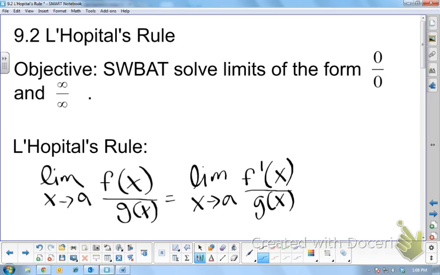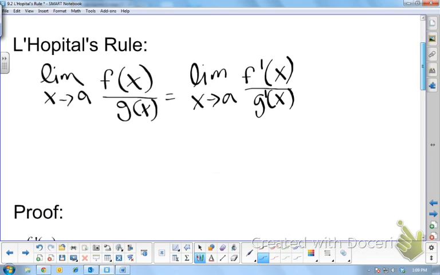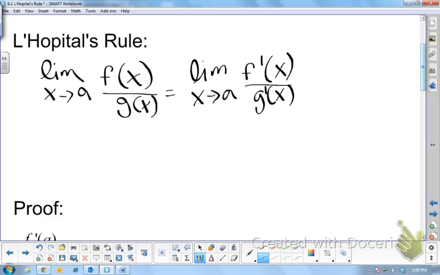And you may be asking, how can that be true? The proof of this one isn't actually that hard.